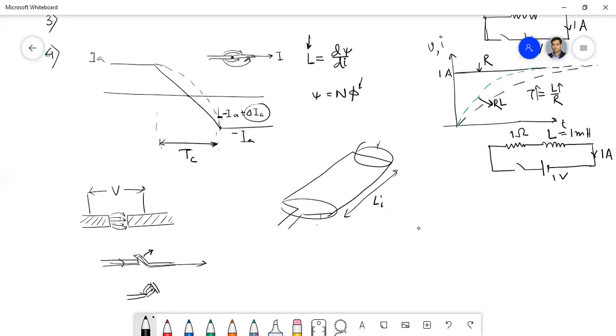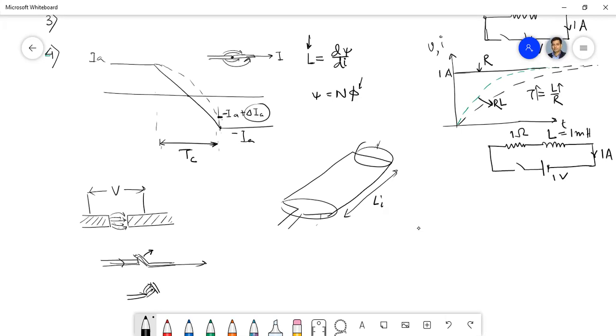So what do we do in a switch, the switch in your household application or the switch in our laboratory? First point, we keep the switch within proper insulation. Another point is we keep some spring within the switch.